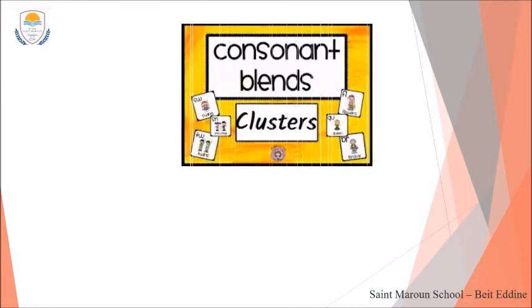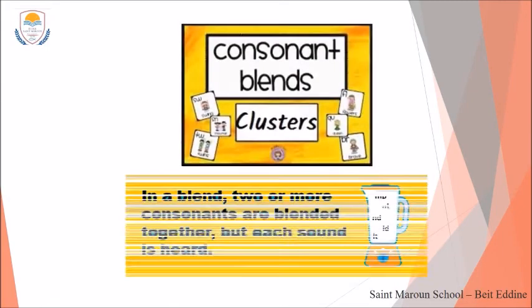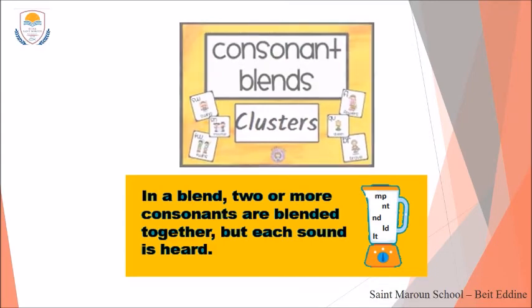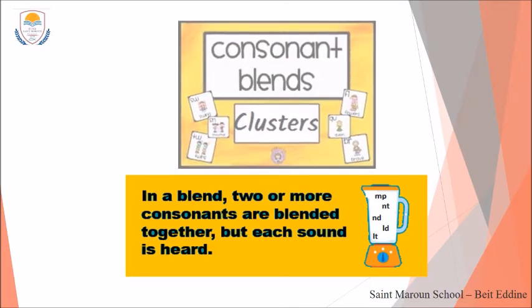The last thing I want to talk about in this video is the consonant blends or the clusters. In a blend or a cluster, two or more consonants are blended together. The consonant letters, not vowels, but each sound is heard. Let's see these examples.